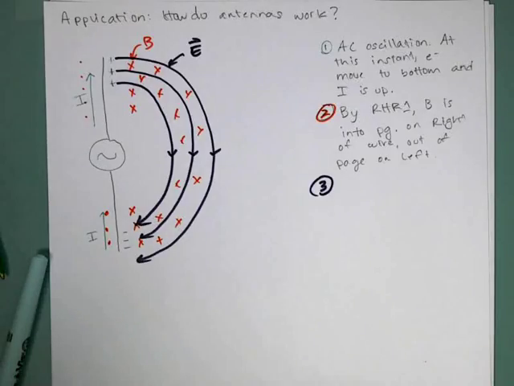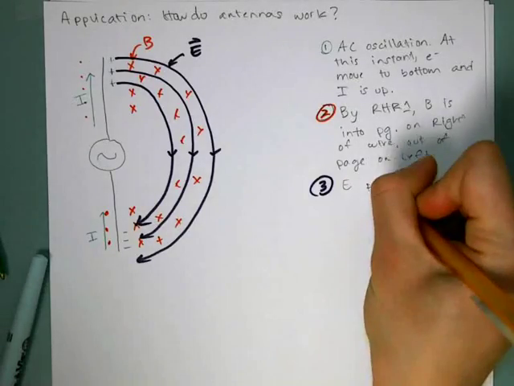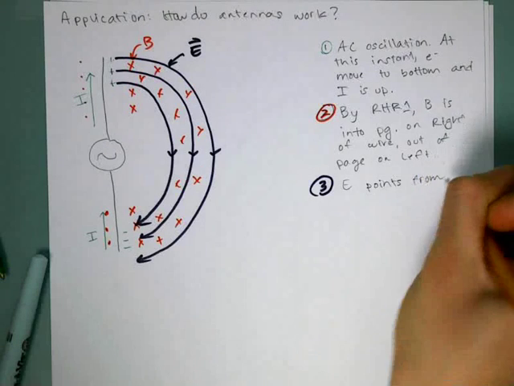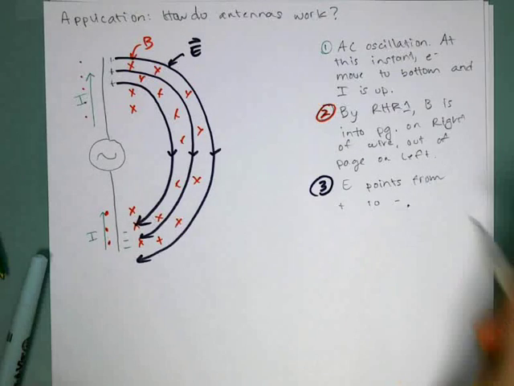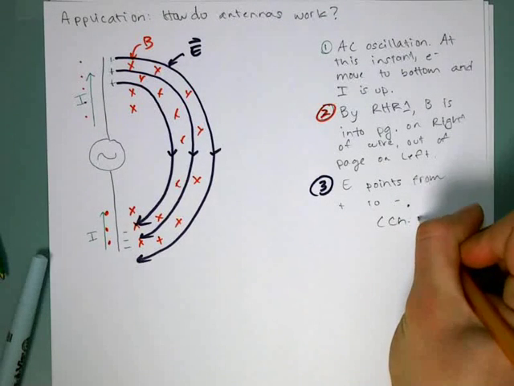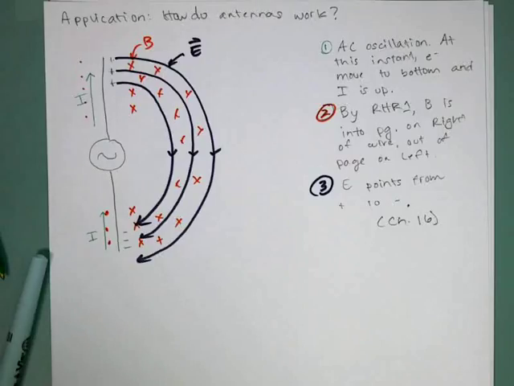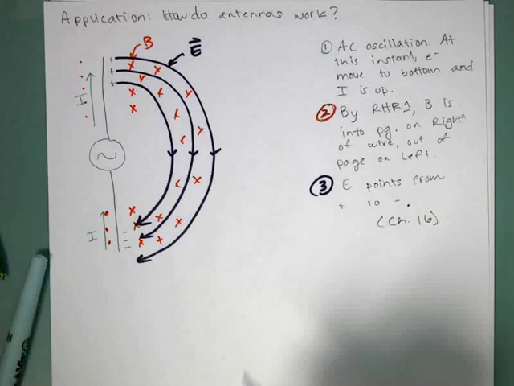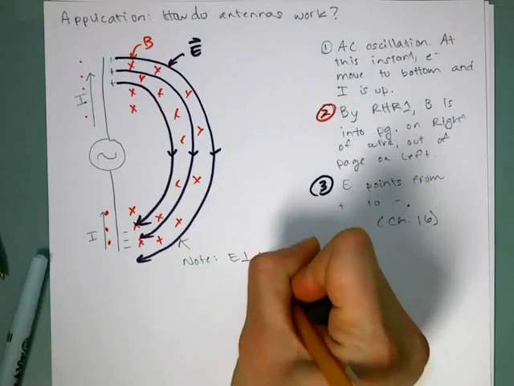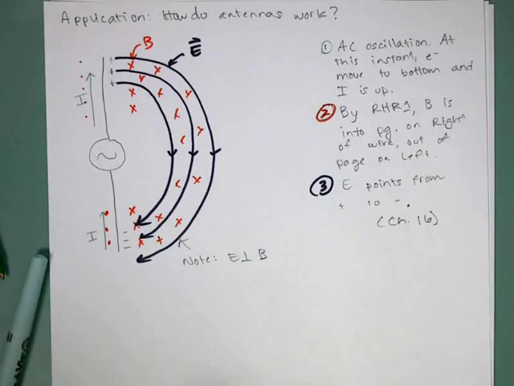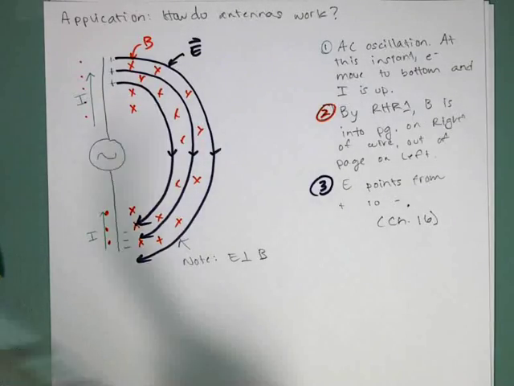So the electric field points from the positive to the negative charges, just as we have. And we have found that the E and B, the electric field and the magnetic field, are perpendicular to each other, just as we expected.